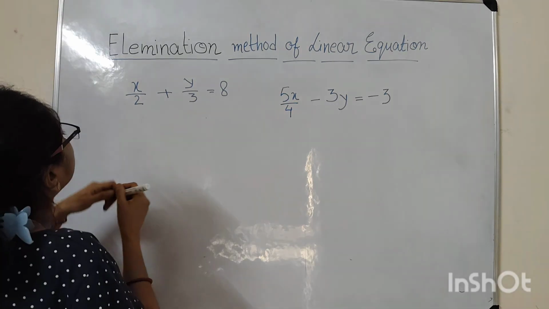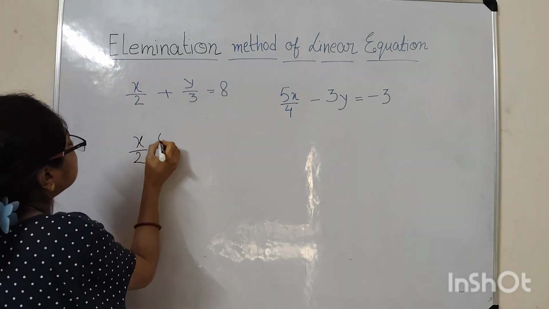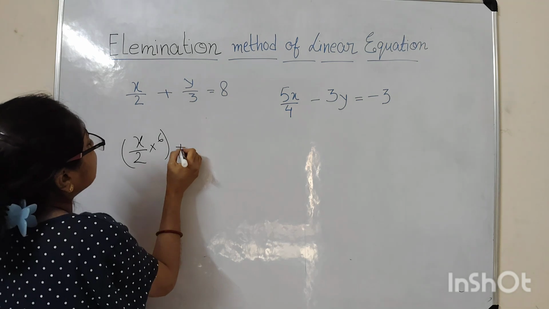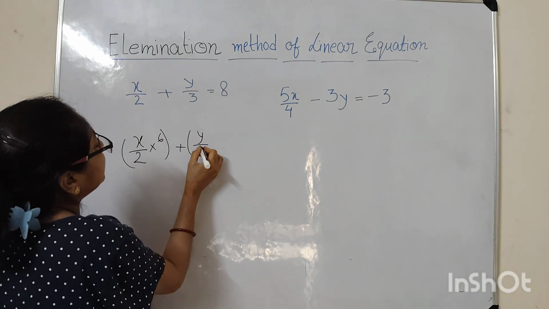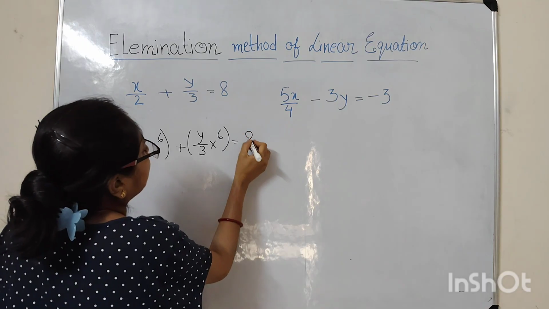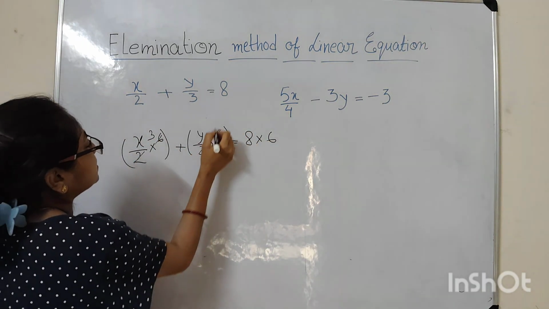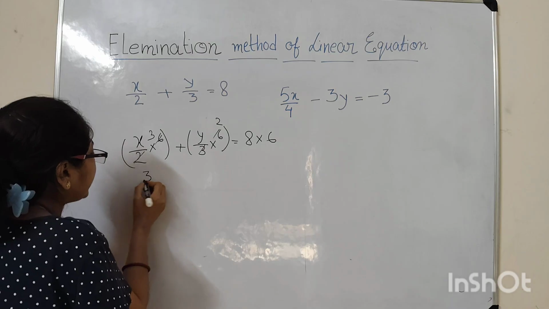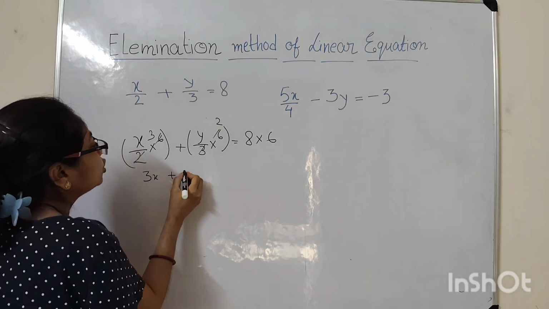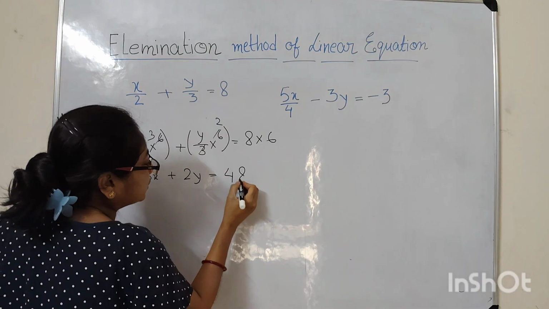So x by 2 into 6 plus y by 3 into 6 equals 8 into 6. Make it simple. This is 3, this is 2. 3x plus 2y is equal to 48.